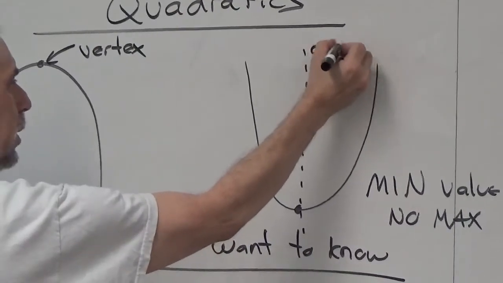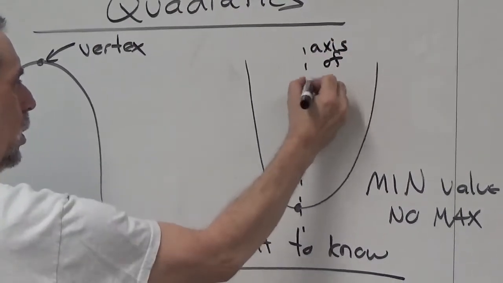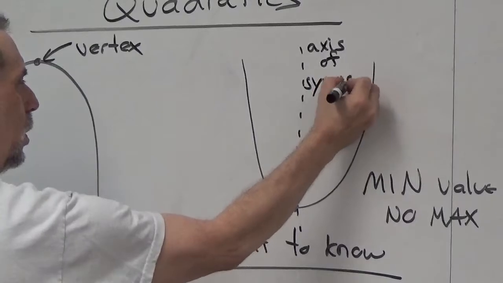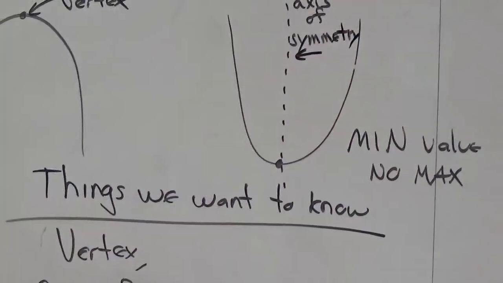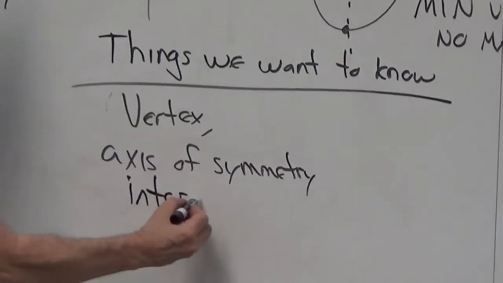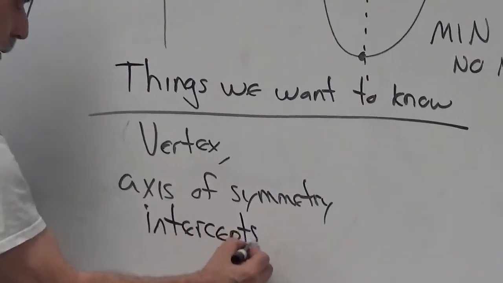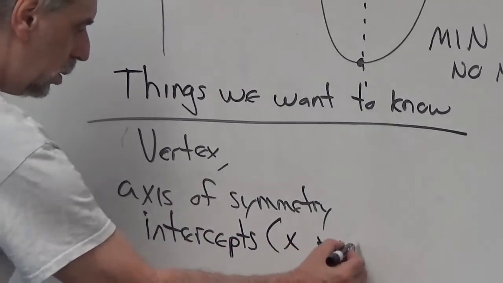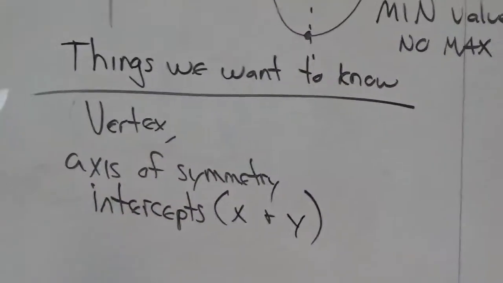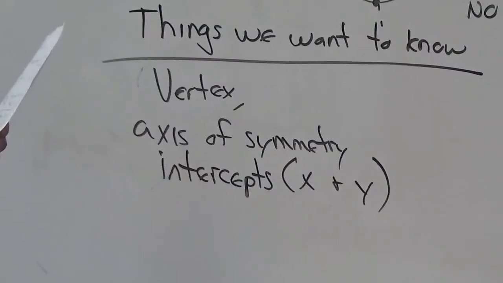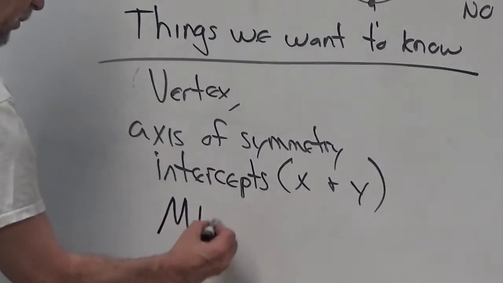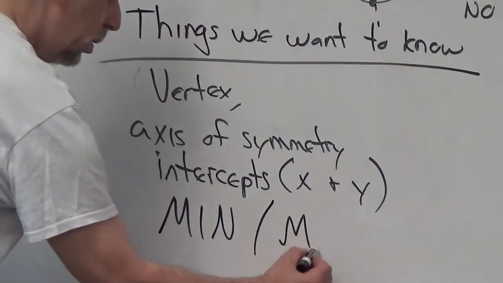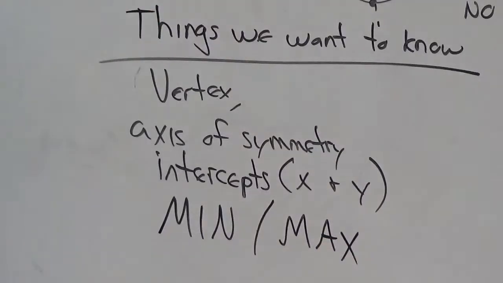Axis of symmetry. Intercepts, x and y. And the minimums and maximums, right? Min or max of the function. So that's what we're interested in this section.